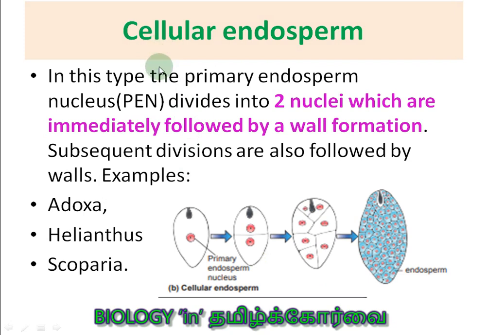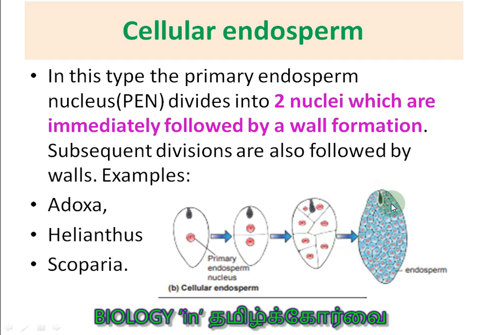Cellular endosperm, you see this is the cellular endosperm. The same thing, the primary endosperm nucleus divides. As soon as it divides, you see here the cell wall is formed. This nucleus continues division, this nucleus also continues division. For every nuclear division, cell wall formation follows. So after this nuclear division, cell wall formation takes place, so the cells are formed.